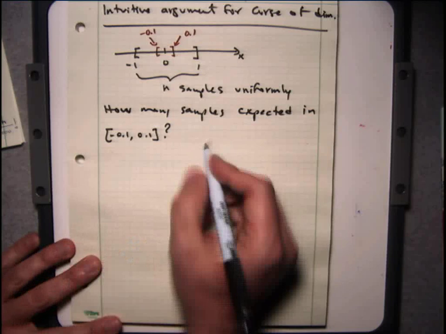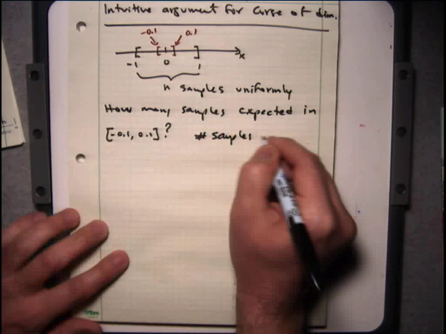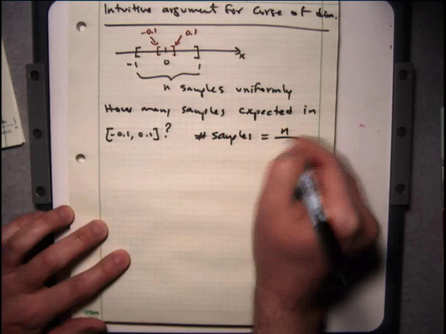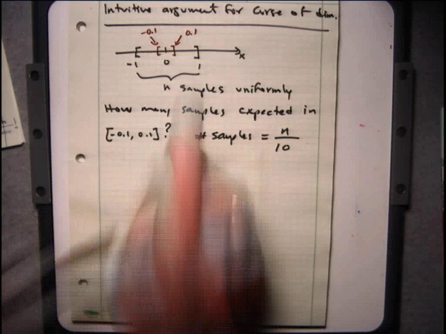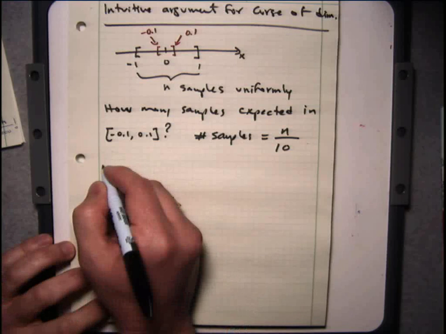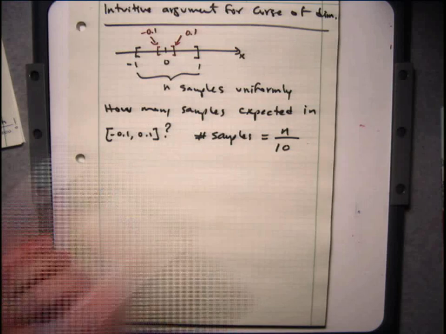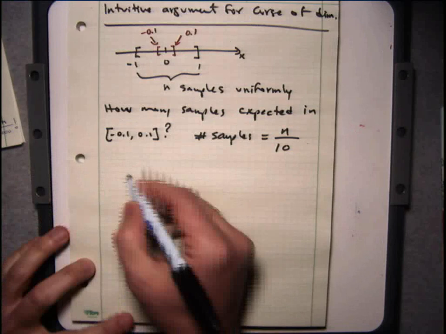So the number of samples in here would be n over 10, right? Okay, so this is the one-dimensional case. All right, now let's consider the case where the signal is now sitting in 3 dimensions. Okay, so now let me draw a cube.